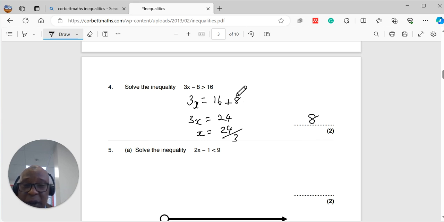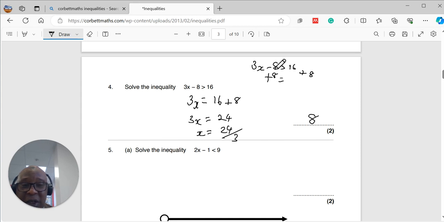If you're doing what I call the primary school method, which teachers nowadays teach, 3x minus 8 is greater than 16. Again, equal sign, you can change it at the end. The primary school method, as I call it, is to add 8 to both sides.